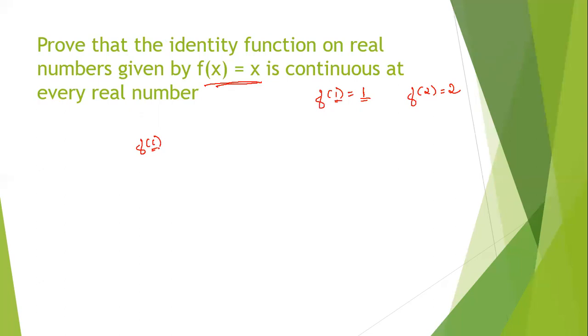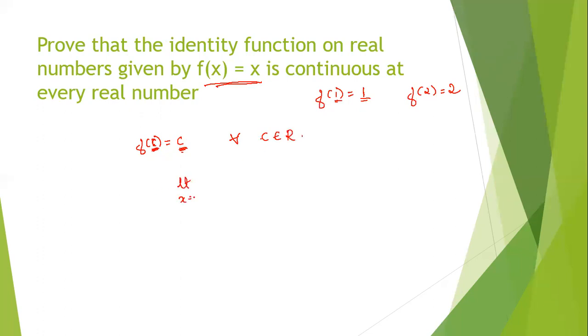If I put x is equal to c, then it is equal to c, right? Here it is the identity function. If I take c, then I will get c itself. So this is true for all real numbers.